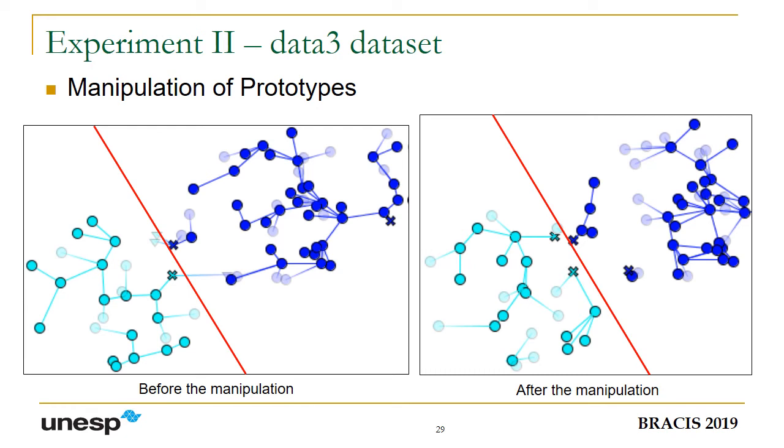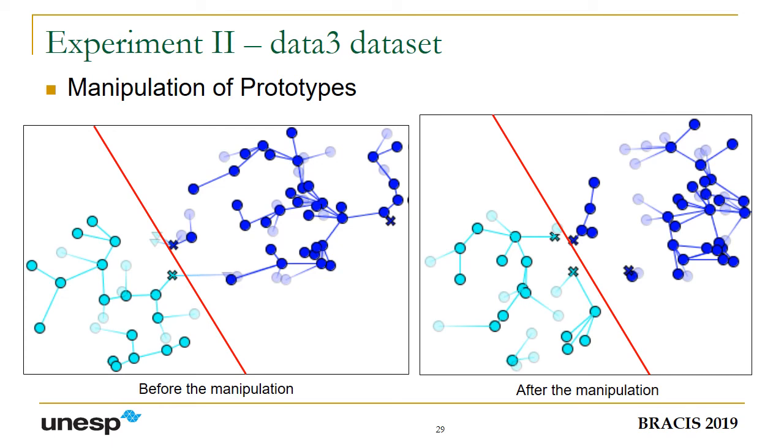At the left, the automatic identification of the prototypes, and we can see that the boundary was not well defined. And here, with this new manipulation, we can see that the boundaries was well defined by new prototypes.